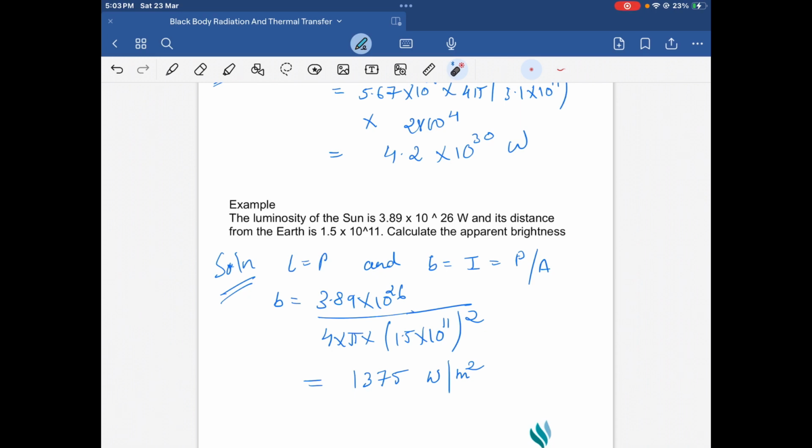Here the source is the sun, the receiver is the earth, and the distance between them is 1.5 into 10 to the power 11. So plugging that in as 4 pi r square and calculating, I am getting the apparent brightness as 1375 watts per meter square.